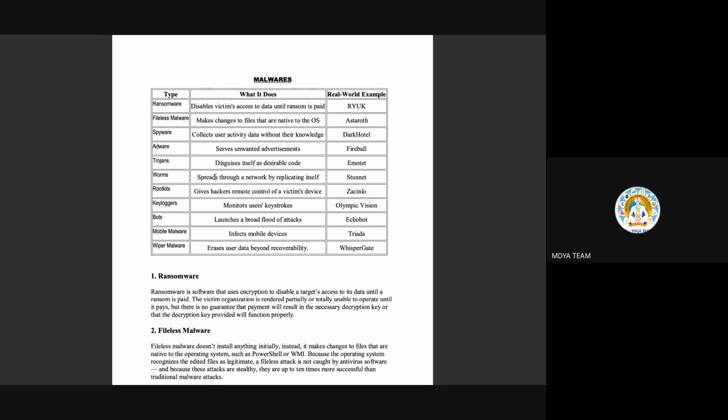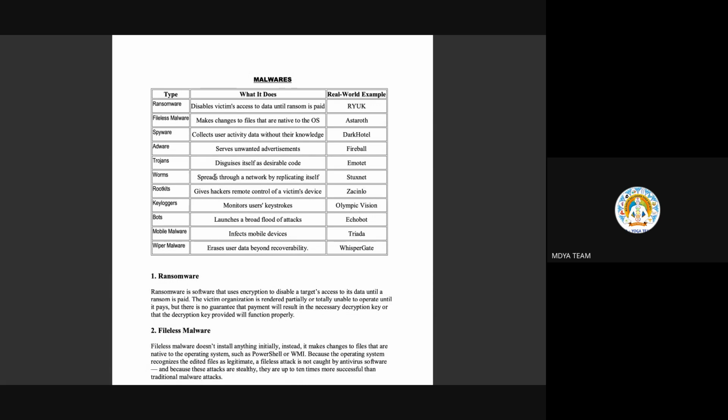This software uses encryption to disable the target's access to its data until the amount they want is paid. It makes you partially or totally unable to operate until you pay the amount.